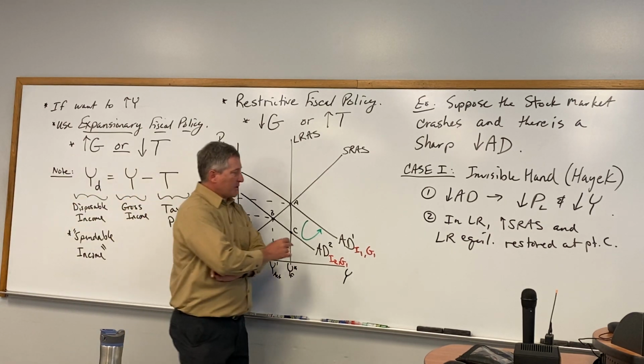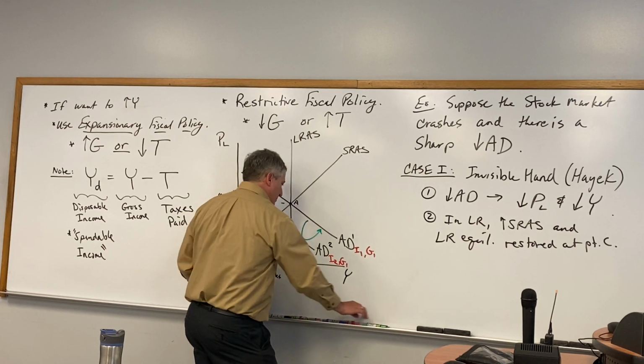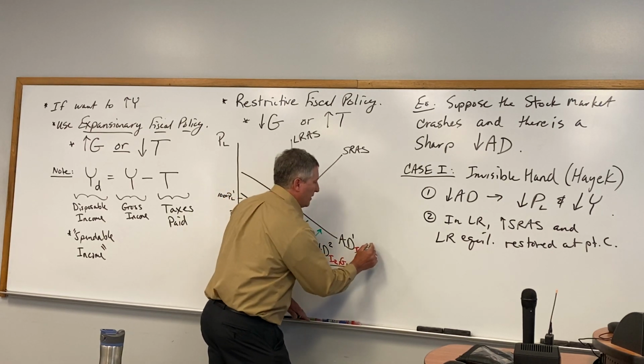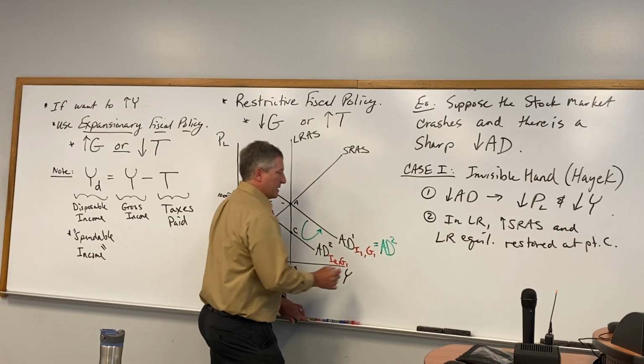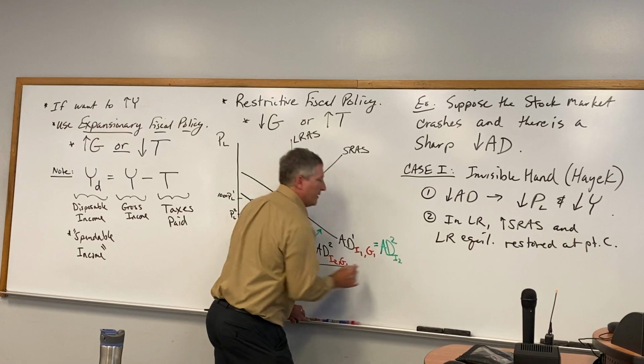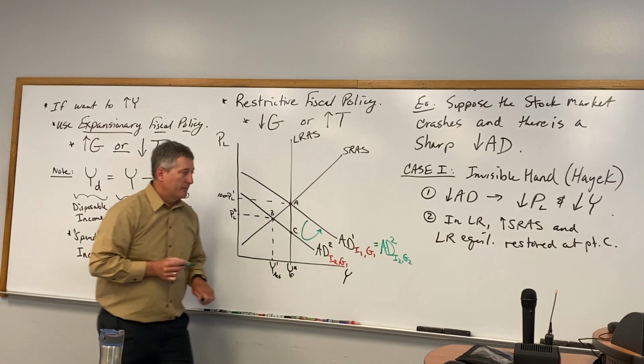And so Keynes' prescription was, now let's bounce back to the old level, but AD2 is going to be at the new level of investment and a new level of government spending, G2.